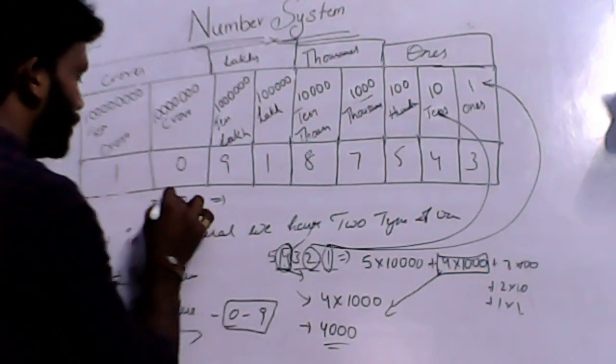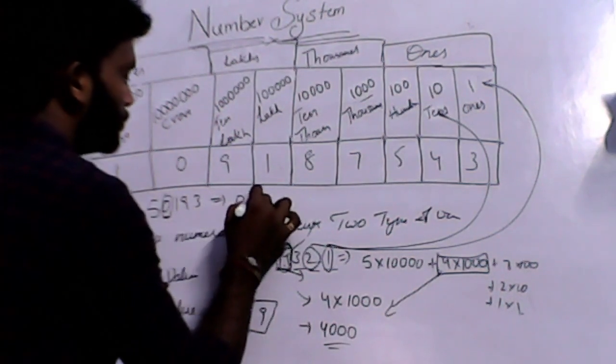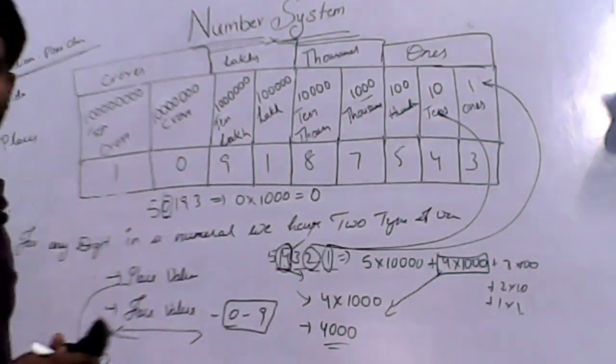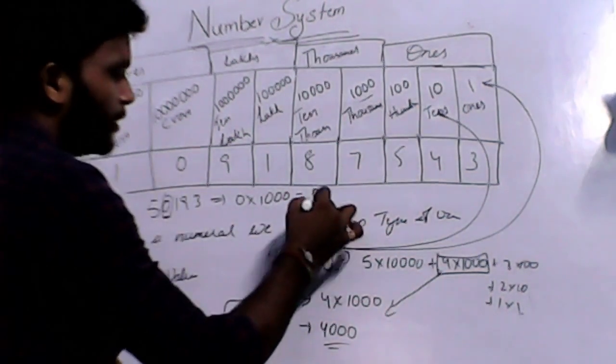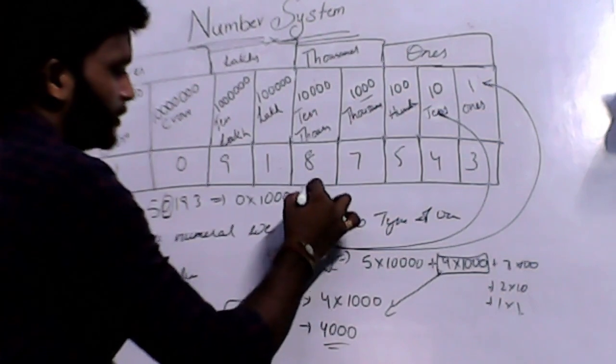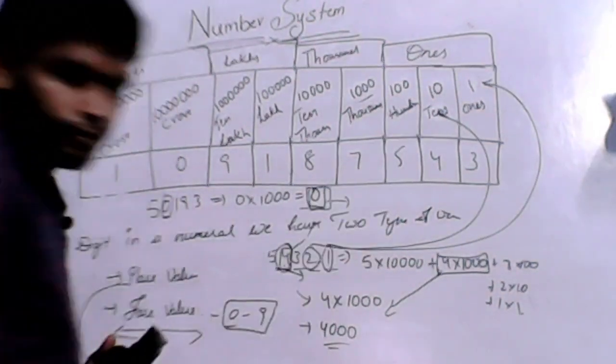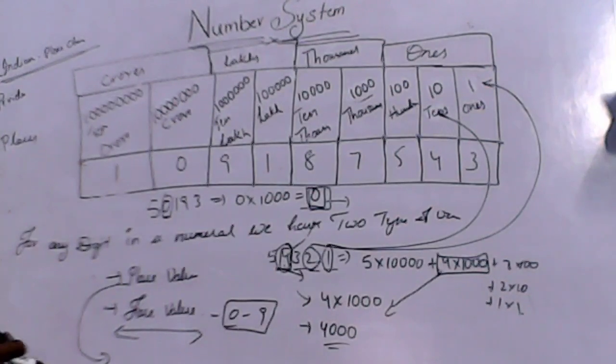For that we will multiply this with 1000. So 0 into anything is 0. So the place value and face value of the digit are the same, because the digit is nothing but 0. So we can say that 0's place value and face value are same. Okay?